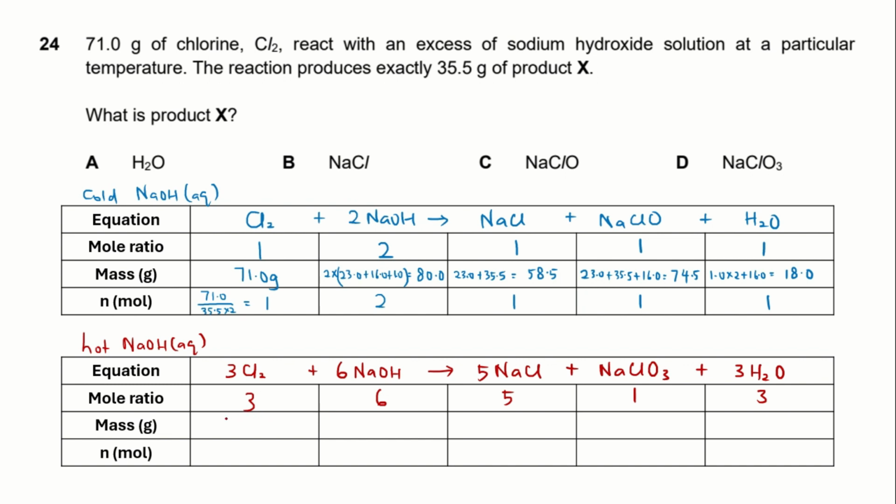Again, we are going to start with 71 grams of chlorine, which is 1 mole of chlorine. If 1 mole of chlorine is used, 2 moles of sodium hydroxide will be used. 1.67 moles of sodium chloride will be formed. 0.333 mole of sodium chlorate 5 will be formed.